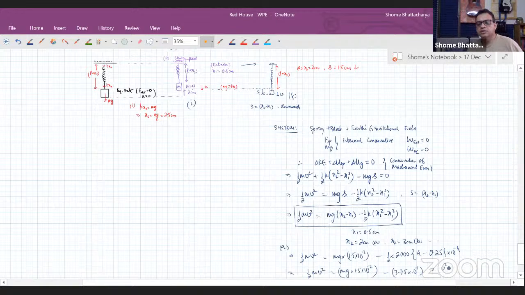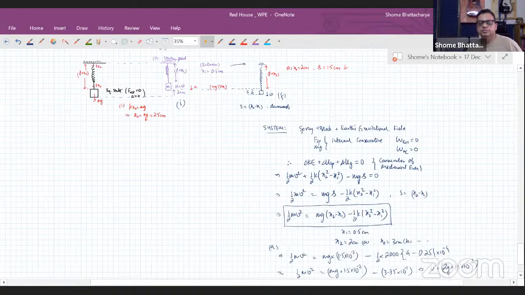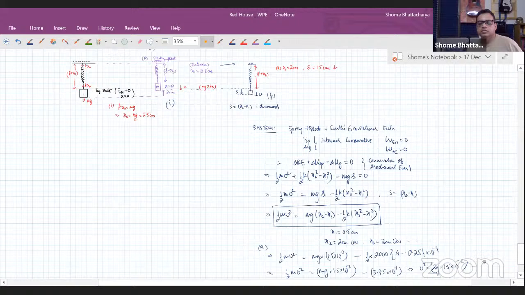So you can see v square will become 2g into 1.5 into 10 raised to power minus 2, minus this term, which is basically 0.375 into 2 by m. So 2 by 5, 0.375.